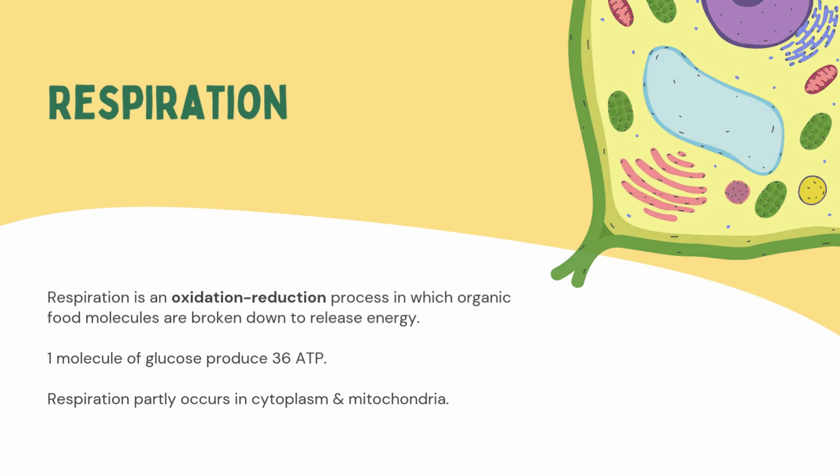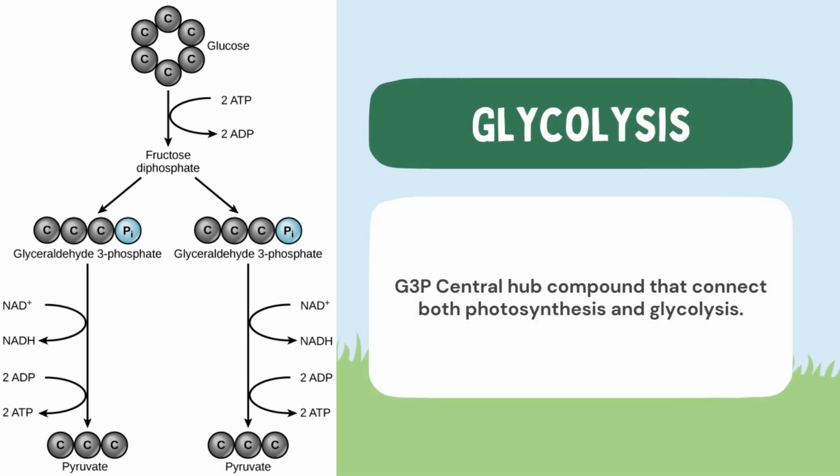The first step is glycolysis, which takes place in the cytoplasm. Here, glucose is broken down into 2 molecules of glyceraldehyde 3-phosphate, and then each of these molecules is oxidized to form pyruvic acid. The net gain in glycolysis is 2 ATP. This step is common to both aerobic and anaerobic respiration.